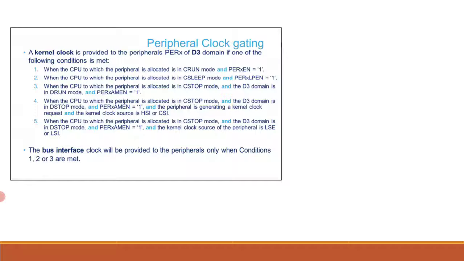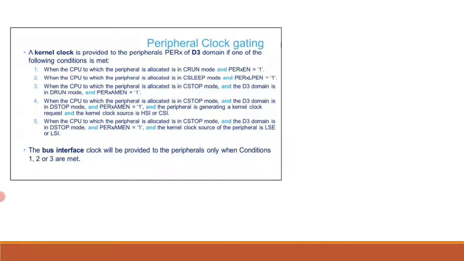When the CPU to which the peripheral is allocated is in C-stop mode and D3 domain is in D-stop and its LP enable bit is set to 1 and the peripheral is generating a kernel clock request and the kernel clock source is HSI or CSI.